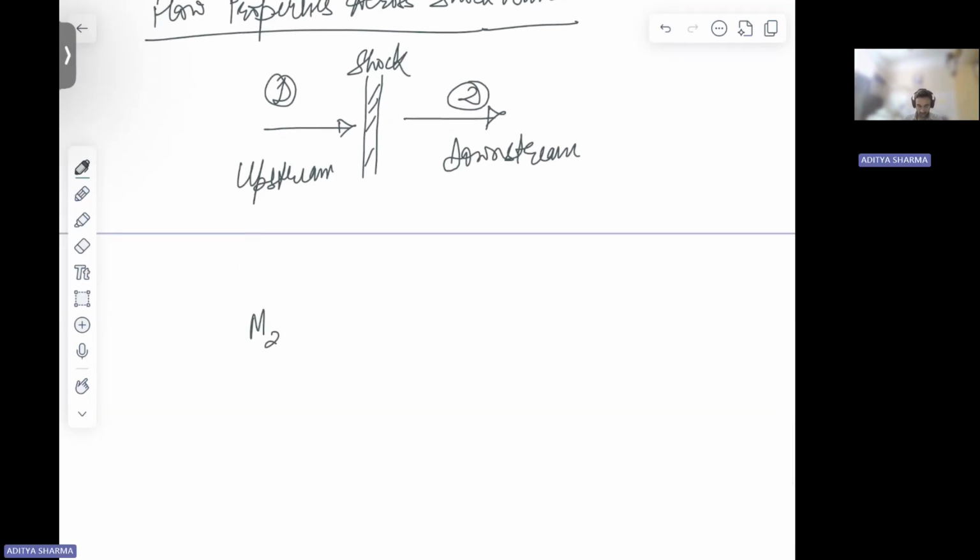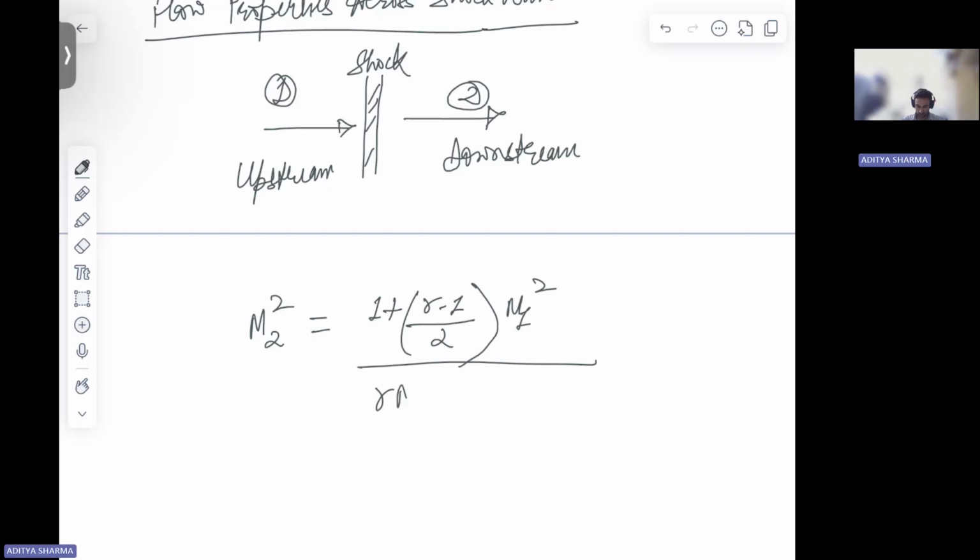Now, the change in the Mach number across the shock. First, across the shock your Mach number is going to decrease drastically across the normal shock. So we are talking about a normal shock. Later we have seen oblique shocks also, because we have discussed oblique shocks, so I can just mention oblique shocks.